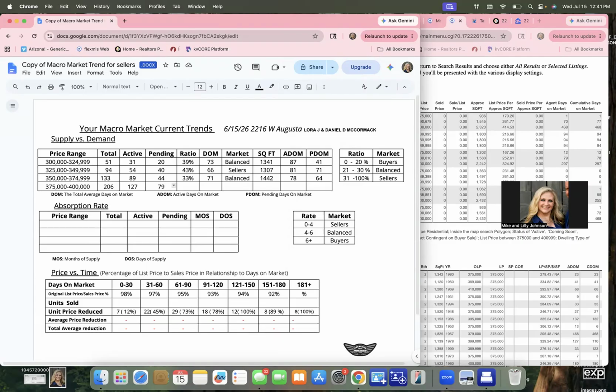All right, 79, which is my pending, divided by total 206. That is 38%. Yeah, pending divided by total. Okay, yeah, we're in the seller's market.